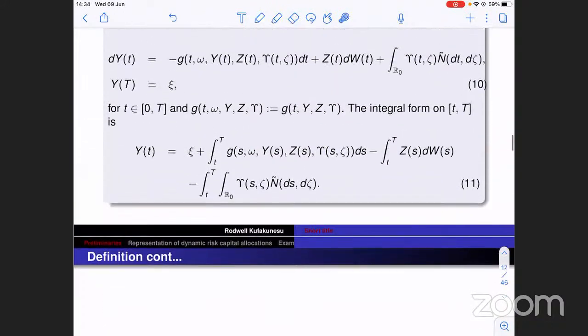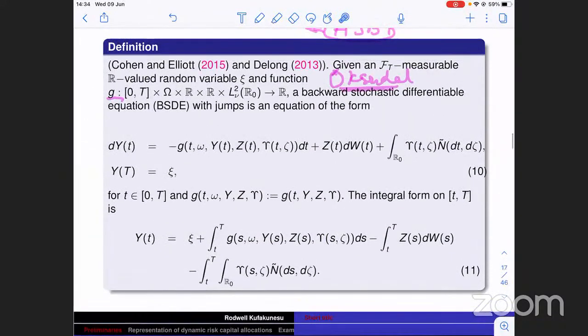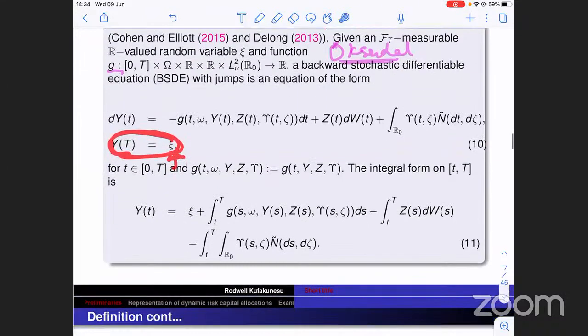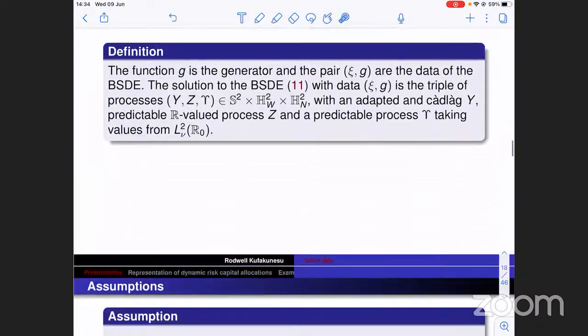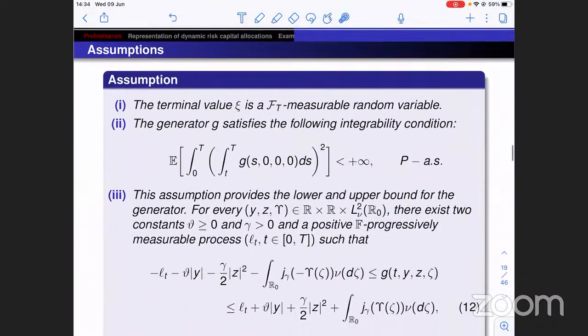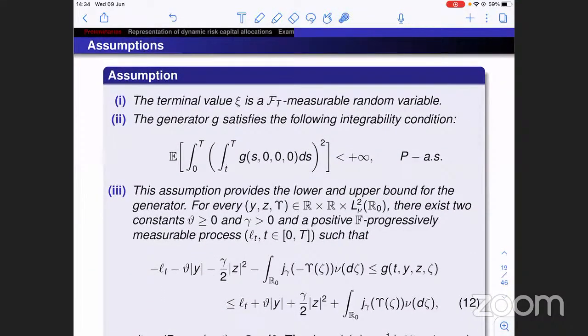The solution is adapted and predictable. And this is where our connection is going to come from, the connection between this terminal condition and our risk measure. But of course, like what I alluded to in my earlier picture, we shall need the differentiability of the solution of the backward stochastic differential equation.